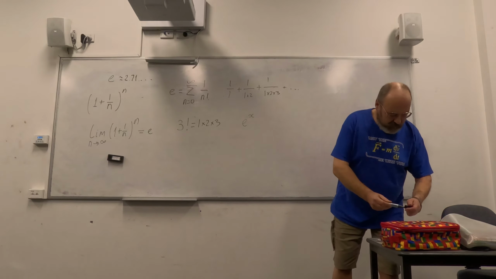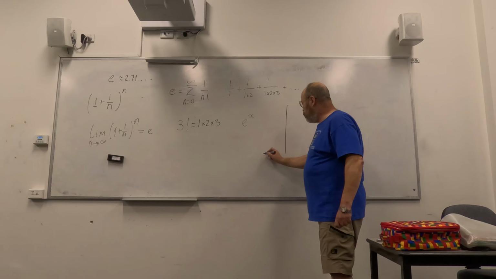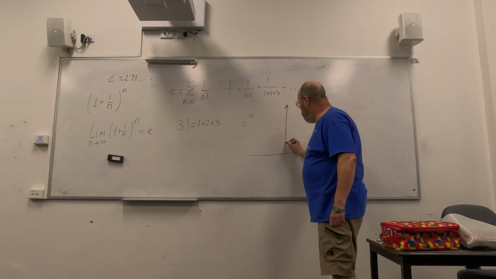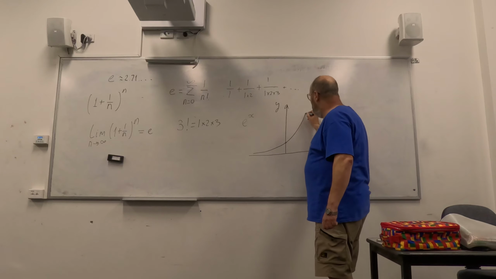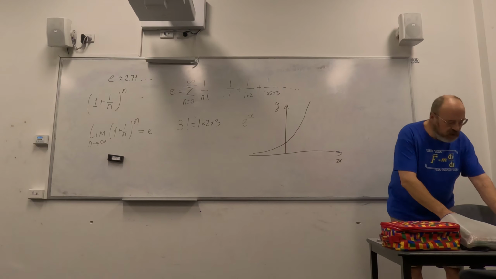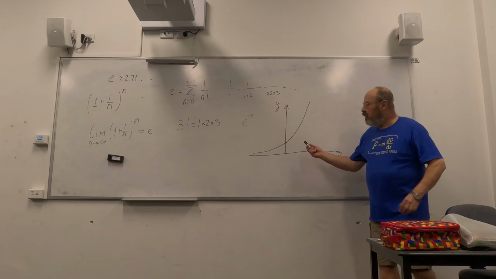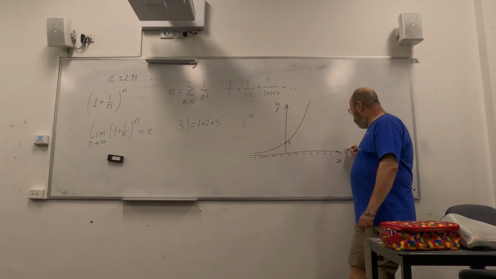Because E is greater than 1, the graph will be, as usual, an exponential graph, going up, with the y-intercept 1 and the asymptote y equals 0.